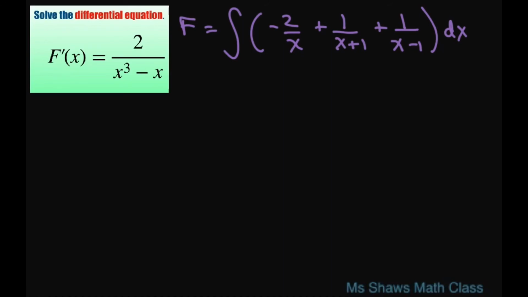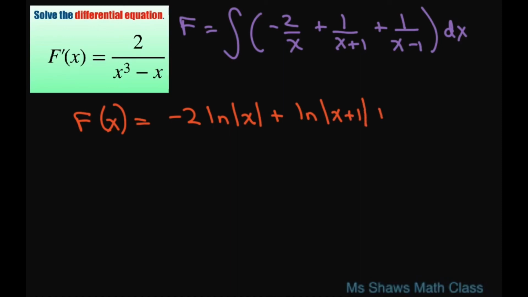All right. Now, from here, we're going to integrate. So we have f equals, and if you want, we can write it f of x, to be more precise. So this is going to be negative 2 times ln of absolute value of x plus ln of absolute value of x plus 1 plus ln of absolute value of x minus 1 plus c.